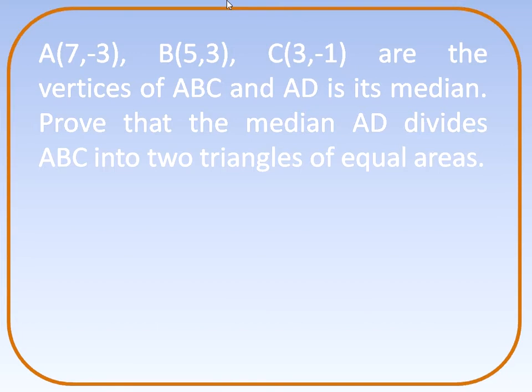A has coordinates 7 comma minus 3, B has coordinates 5 and 3, C has coordinates 3 and minus 1. These three are coordinates of the vertices of triangle ABC and AD is its median. We need to prove that the median AD divides triangle ABC into two triangles of equal areas.